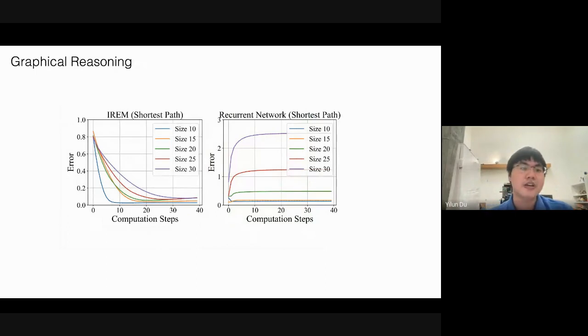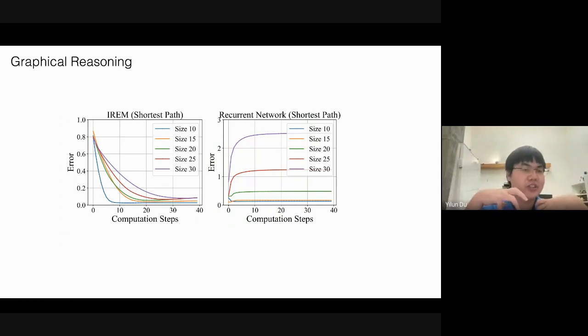In terms of generalization, why does this energy function generalize better? I think one reason is you can imagine that this energy function is some type of verifier. It assigns low energy when you have the correct graph, or a graph with the shortest path, and it says this is incorrect when you do not have the shortest path.